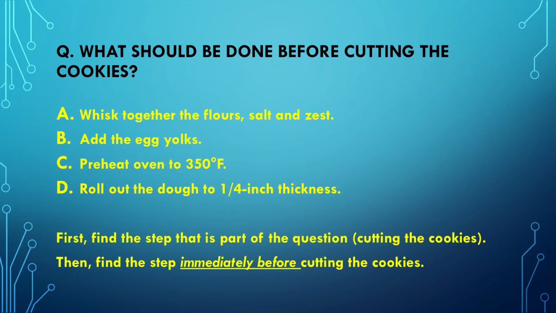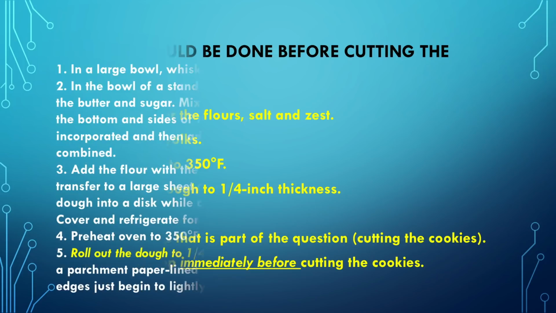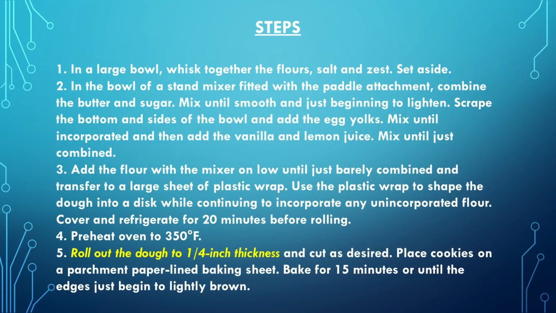And our choices will be A, whisk together the flours, salt, and zest. B, add the egg yolks. C, preheat the oven to 350 degrees. Or D, roll out the dough to 1/4 inch thickness. Here are the steps again.